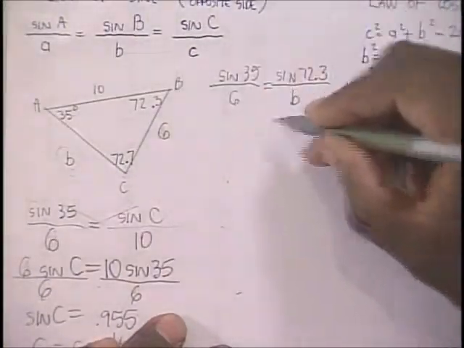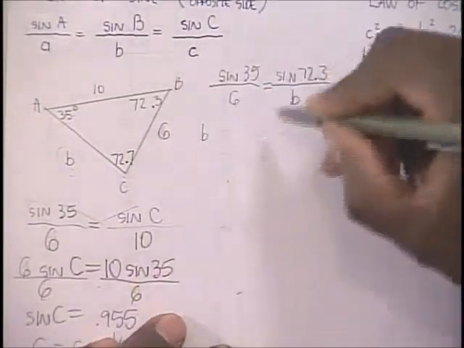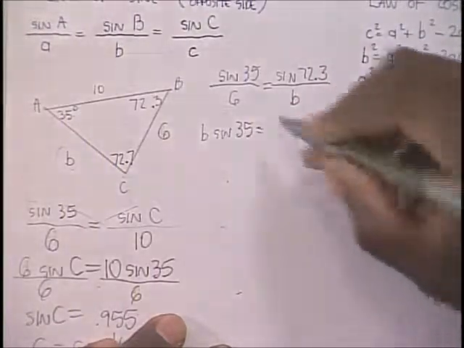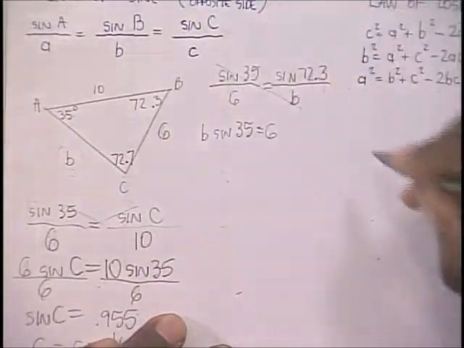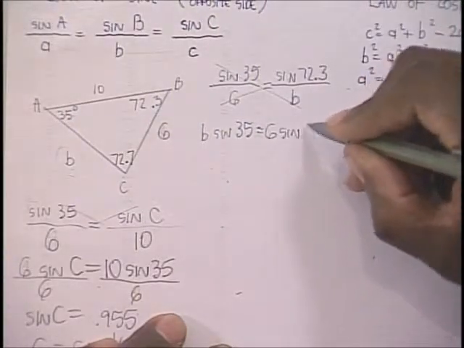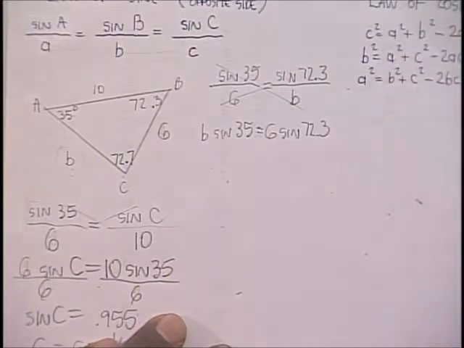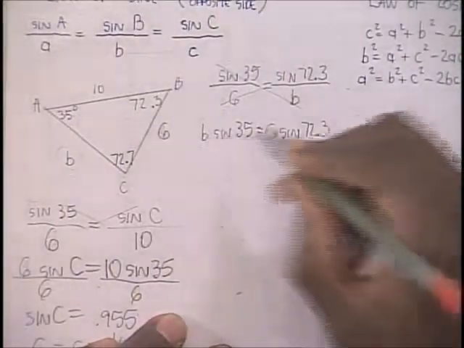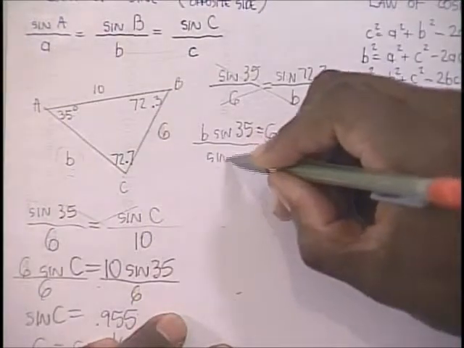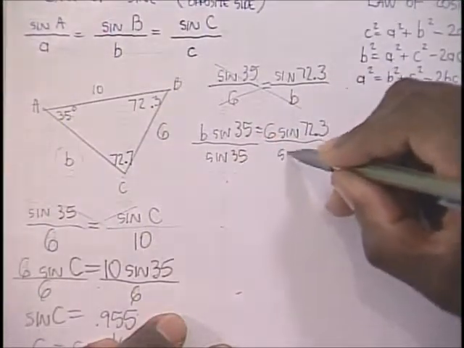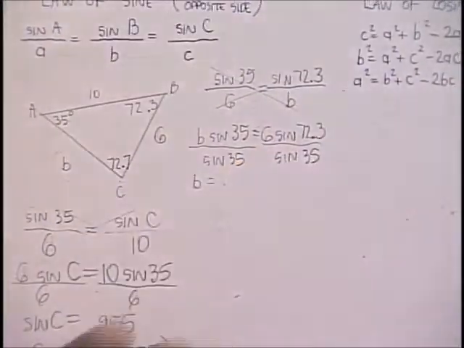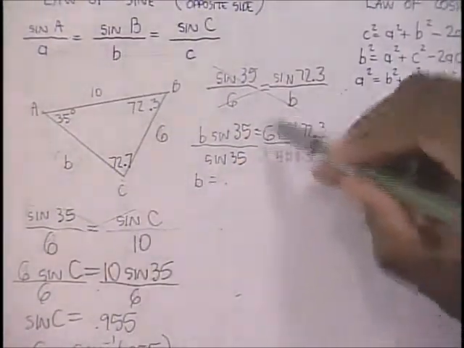All right, so let's cross multiply. We get b times the sine of 35 is equal to 6 times the sine of 72.3. I'm solving for this b, so I'm going to divide both sides by the sine of 35, and I get b is equal to the result of this.